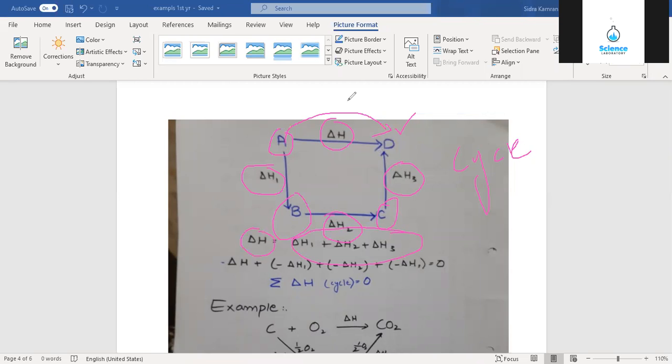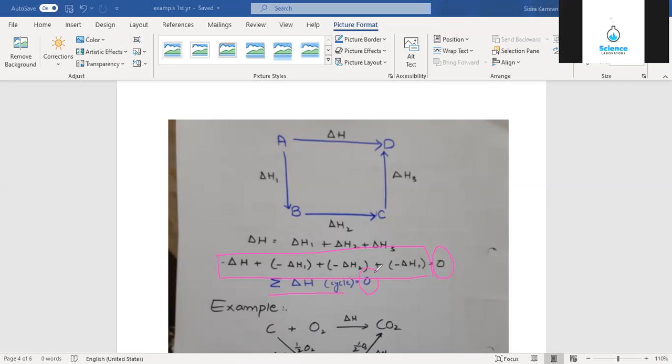In short, this is considered a cycle. If you add all these heat changes, all these enthalpy changes, it will be equal to 0. The sum of all the enthalpy changes in a cyclic process is always 0.